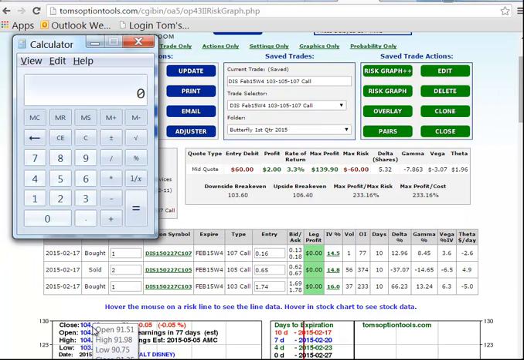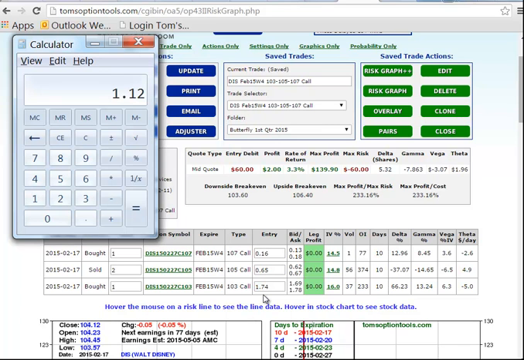The stock's trading at 104.12 minus the right to buy the stock at 103, I have real value of $1.12. Now, I'm paying $1.74 for that particular option. So I have real value of 112, and the difference is time and volatility.